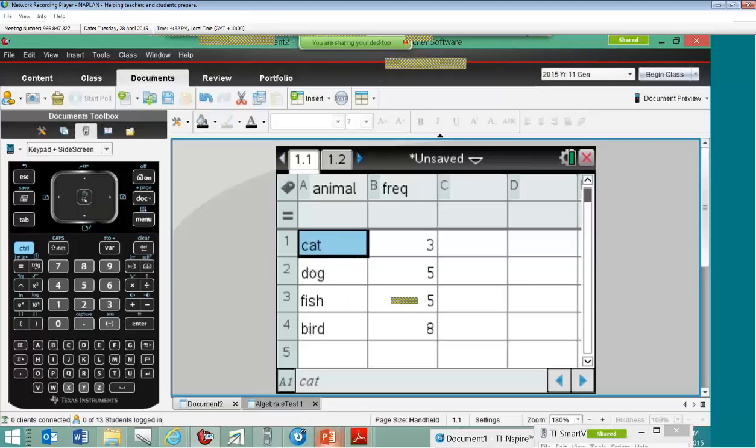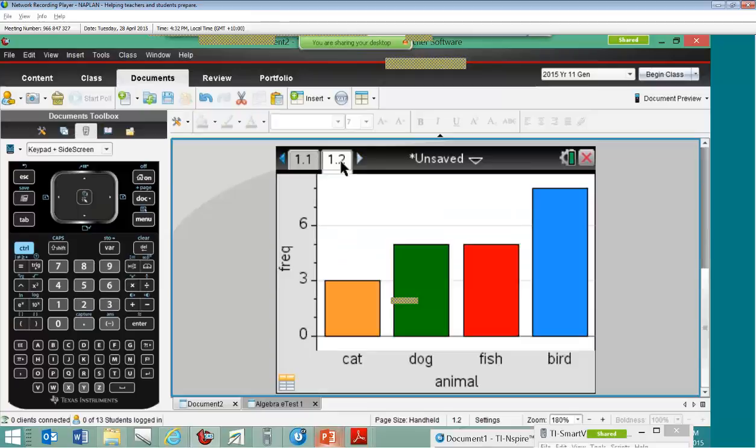So I've got the total number of cats over the days is 3. The total number of, hang on, that's not the same data. This is what I did when I was practicing. So we add up the number of cats, dogs, fish, put the data in, and then we can get a bar chart of that, which is just a great illustrator. So that's again just the power of the visuals.